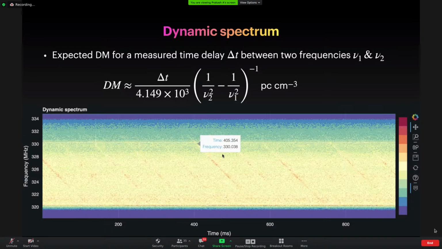So we take the difference between the highest and the lowest frequency. It is useful to pick a frequency at both the high and low end where the signal is visible, because if you select somewhere here, it's not clear where exactly the pulse is, or even here.